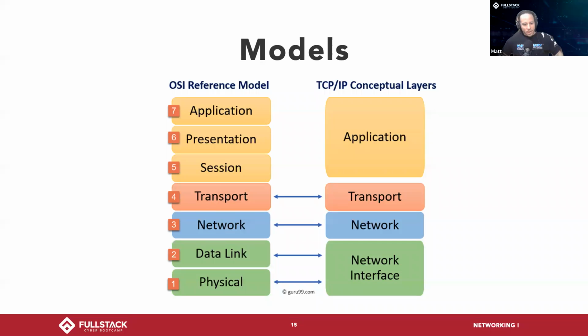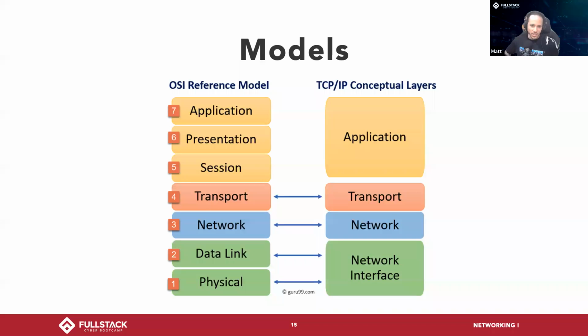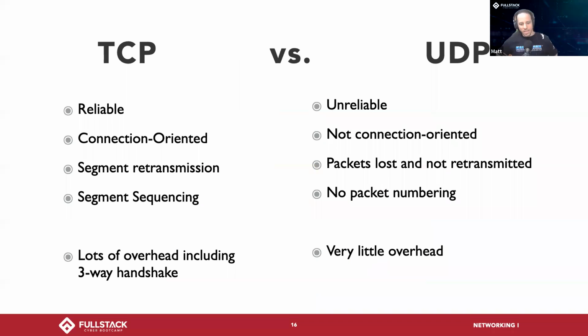Okay, let's talk about these two protocols, TCP and UDP, because these are both important. They both live at layer 4 of the OSI model, the transport layer. This is how we actually send things from one machine to another, right?